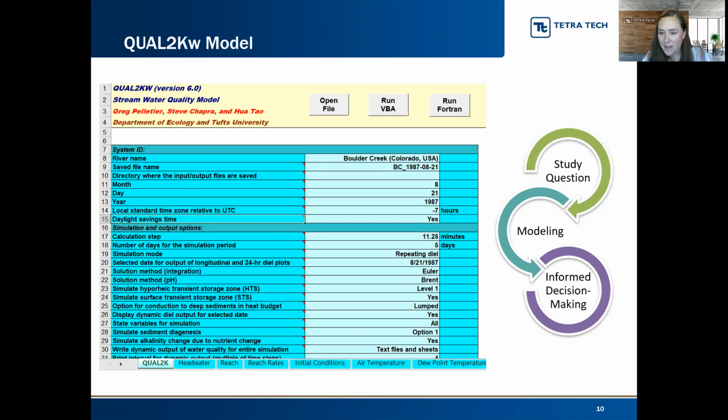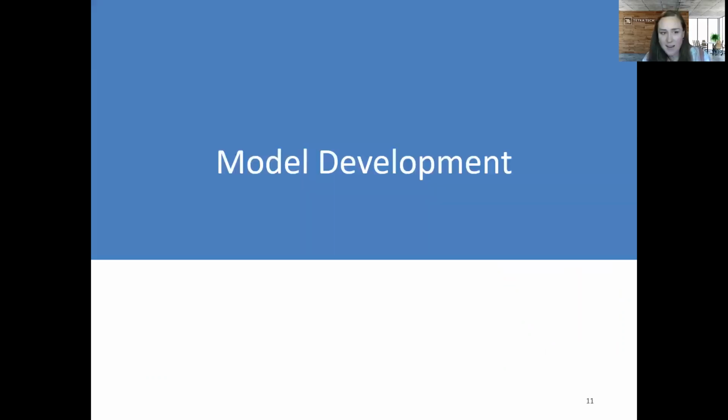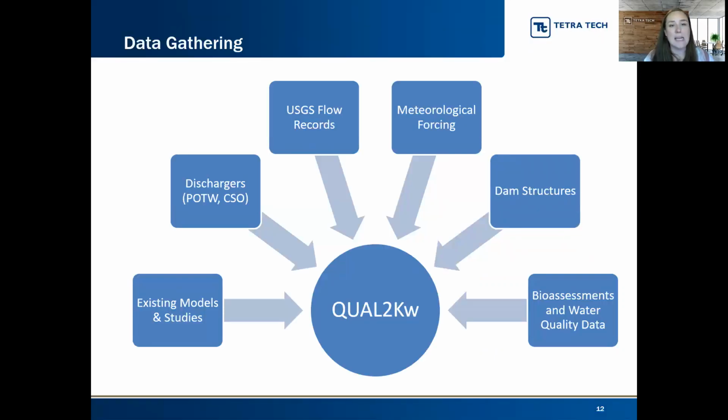Okay, so model development. Some of the key inputs for Qual2KW: we used existing models and studies to help inform Qual2KW. The existing Qual2K models and Qual2E, those historical models through the years, were helpful as a stepping stone in developing these year-long simulations.